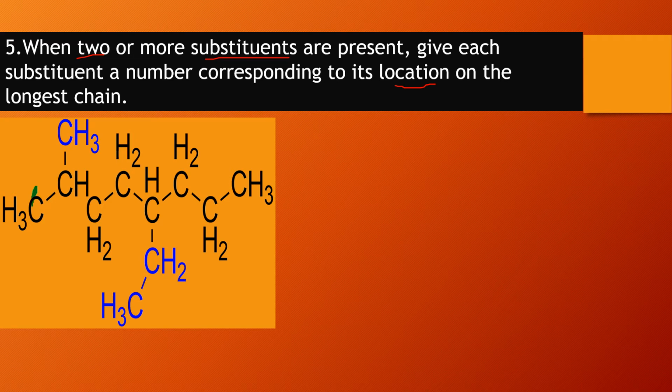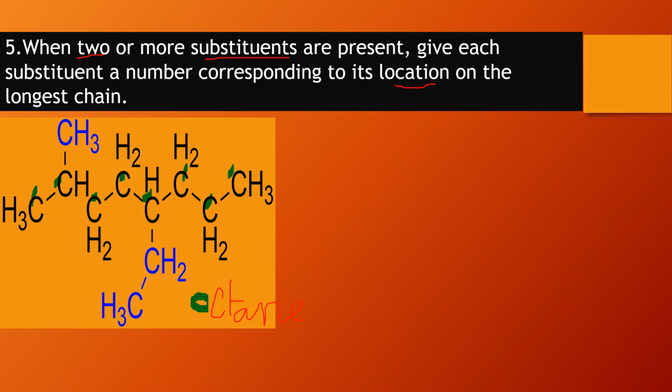So 1, 2, 3, 4, 5, 6, 7, 8. So this is the longest continuous chain, right? Then we will name it the parent name. For 8 carbons, we use octane.